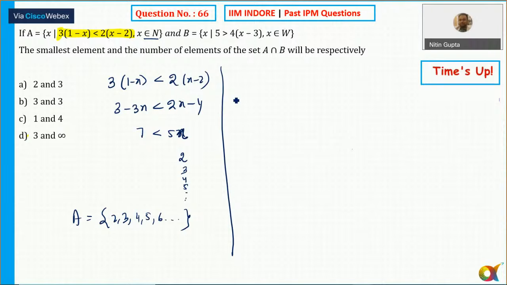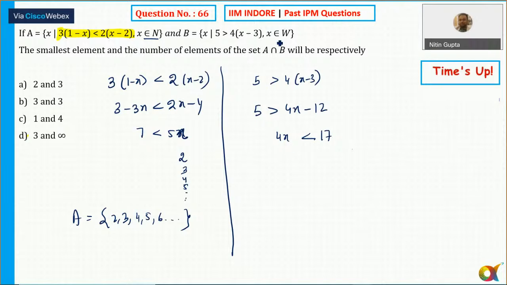Now B. B says x is a set of elements such that 5 is greater than 4 into x minus 3. So x is less than 12 plus 5 over 4.